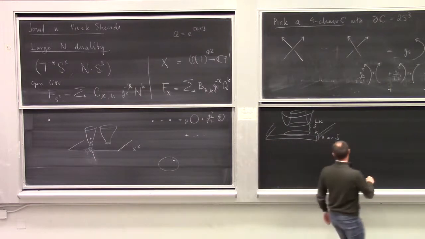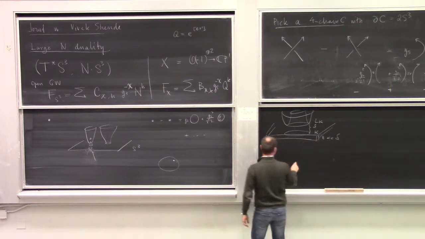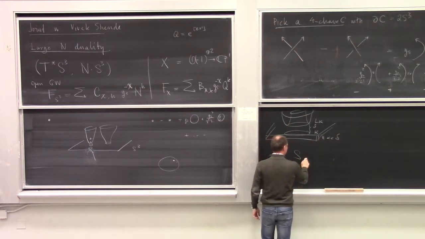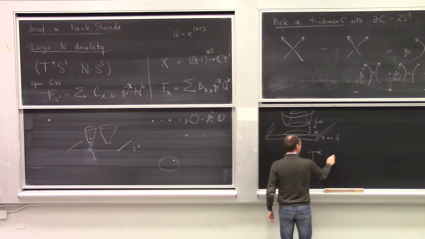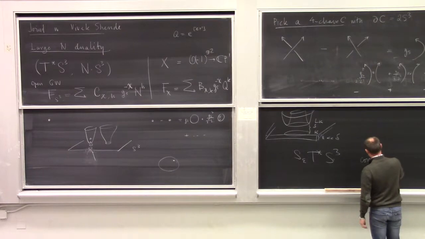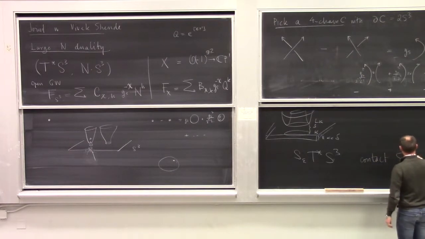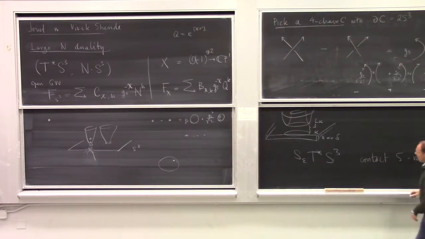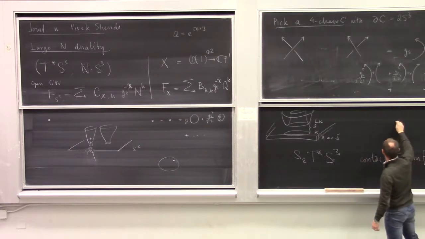And now, if I look at the epsilon sphericized cotangent bundle of S3, that's a contact 5-manifold. And it's a convex hypersurface inside T star S3, it's the basic one.